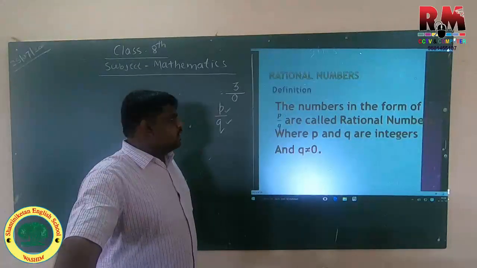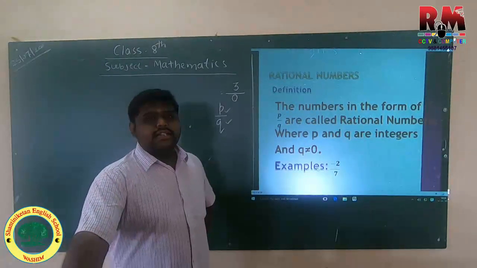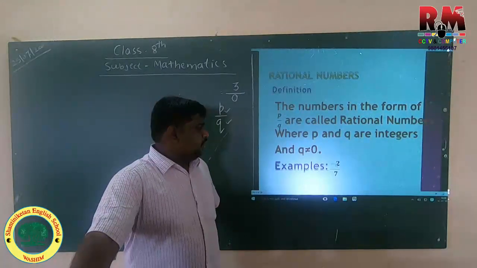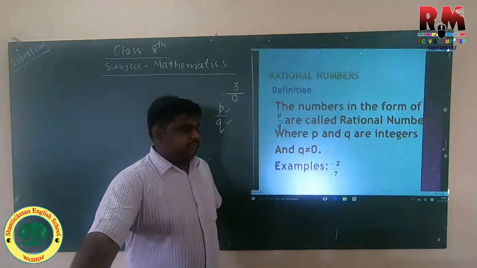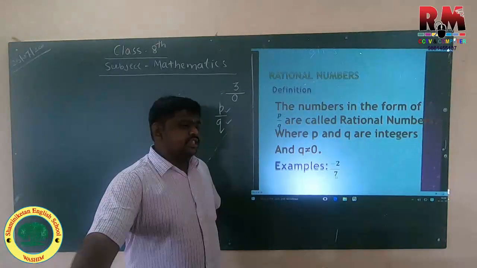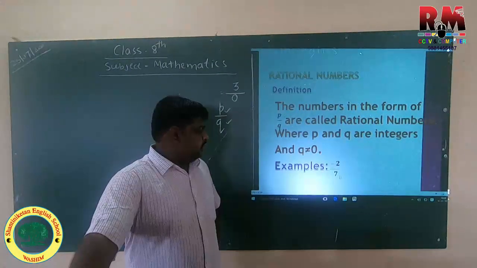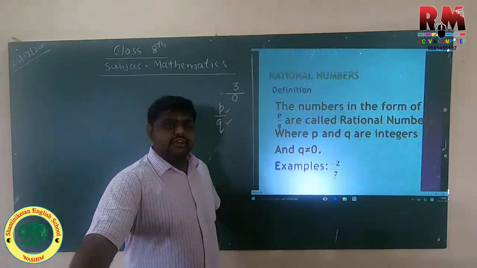Now examples of rational numbers. First, -2 by 7. Here this number -2 by 7 is in the form of p upon q, that is p is equal to -2, q is equal to 7. -2 is an integer, 7 is also an integer, and the denominator is 7, that is not equal to 0.